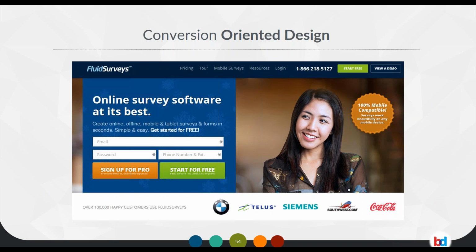But there's no ambiguity. And actually, they ask for the sale a couple of times. Buy it, get started for free, ask for a demo, here's a phone number. They're asking for the sale multiple different ways based on what you may be most responsive to. But there's no ambiguity about what to do, and it reinforces online survey software at its best, and I get to start for free. That's awesome.